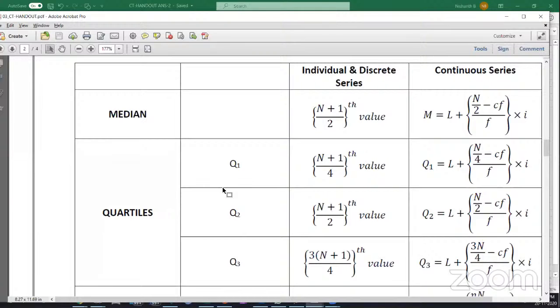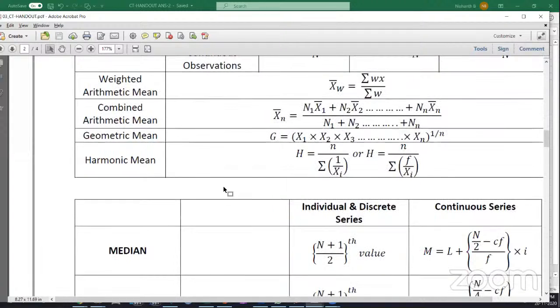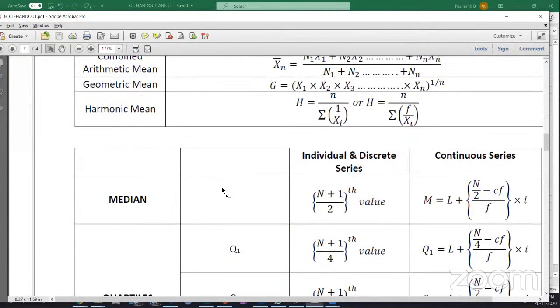Second, if you have a class interval, it should always be an exclusive class interval.